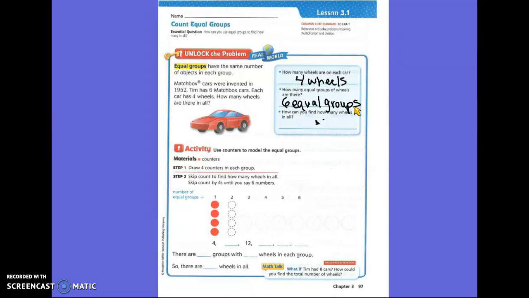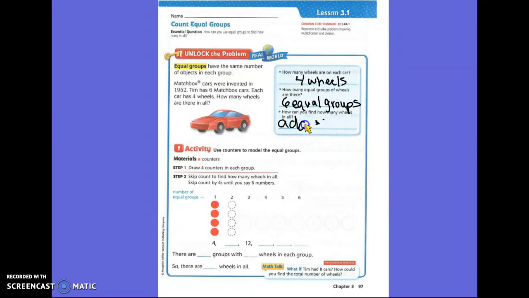You could add 4 6 times, or count by 4. You mean skip count, right? So you can skip count by 4 6 times, or you can add 4 6 times. I don't care which one you choose.